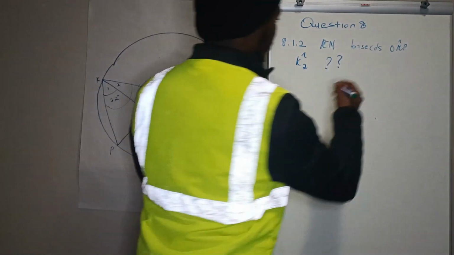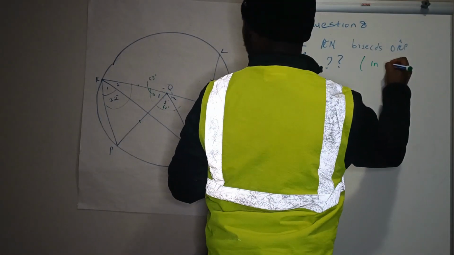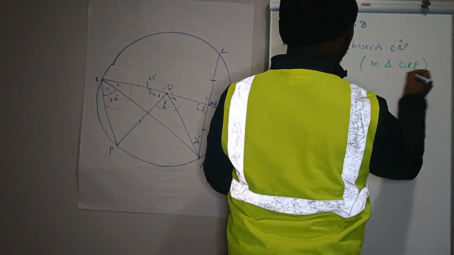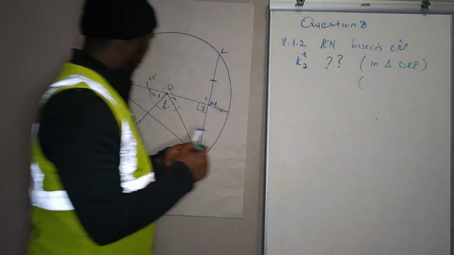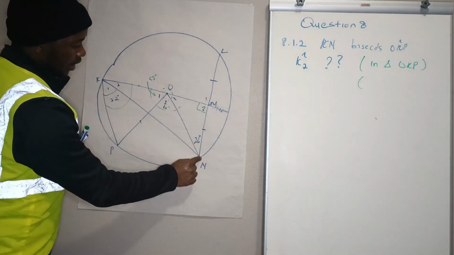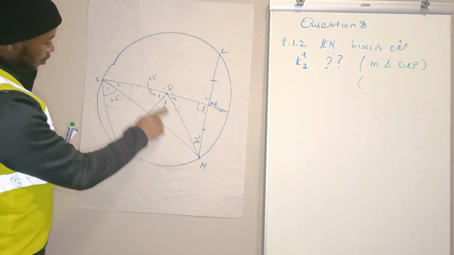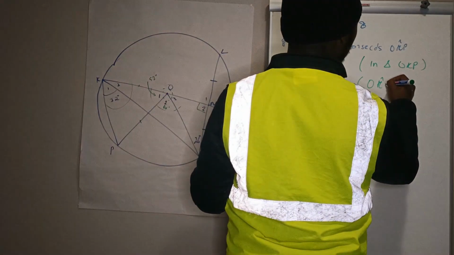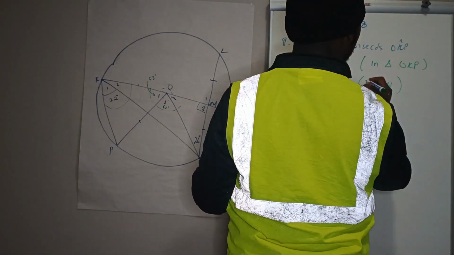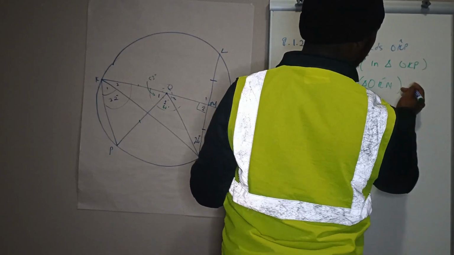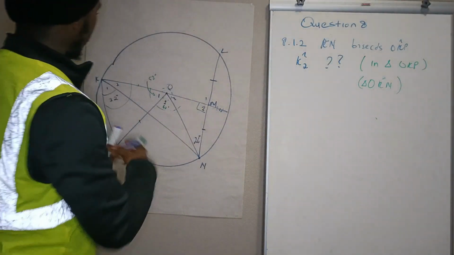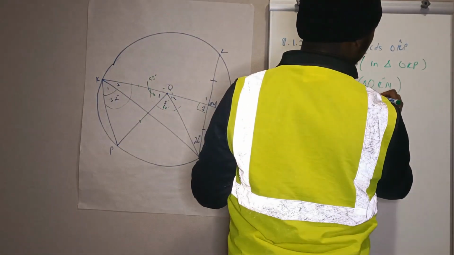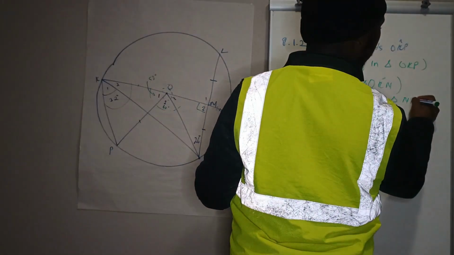This angle is in triangle OKP. Is in this triangle, so it's OKN, no, triangle OKN, and it's also in triangle NKM.